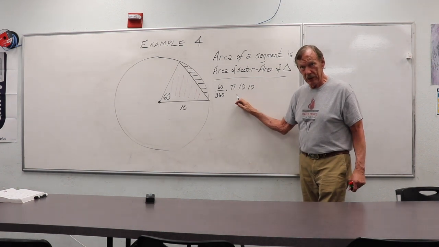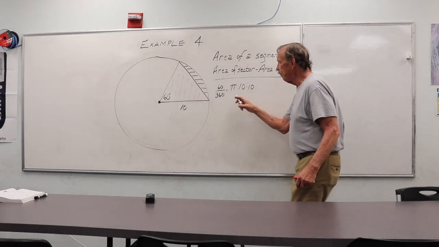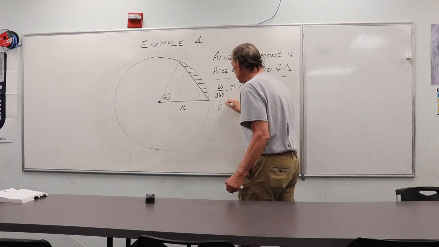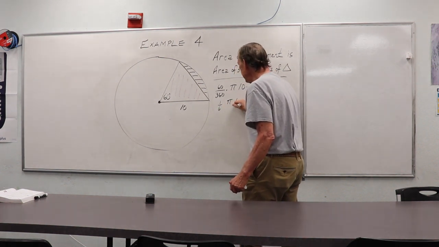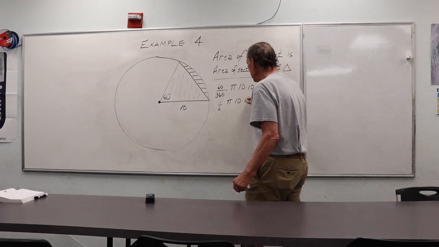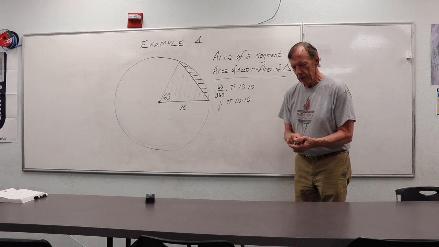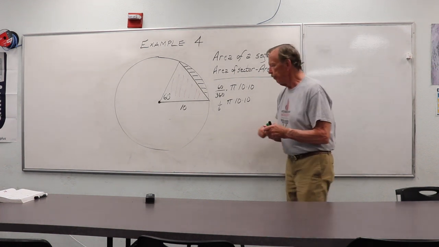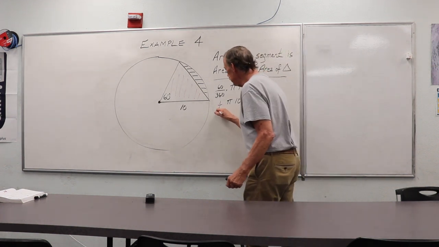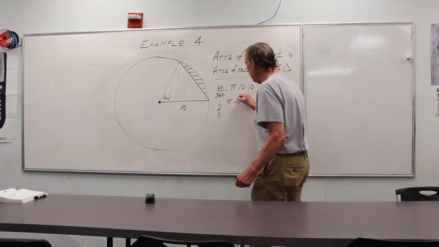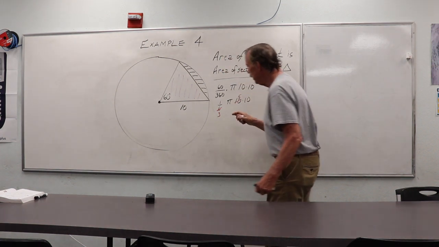So, in this example, we have 1/6 of pi times 10 times 10. Again, we can do some reducing. 2 goes into 6 3 times, and into 10 5 times.